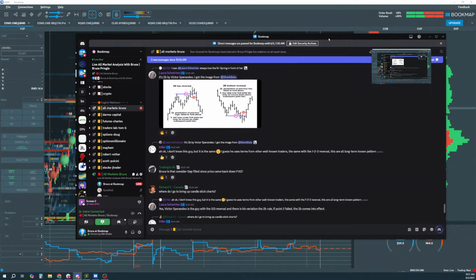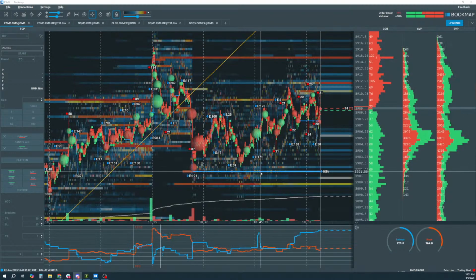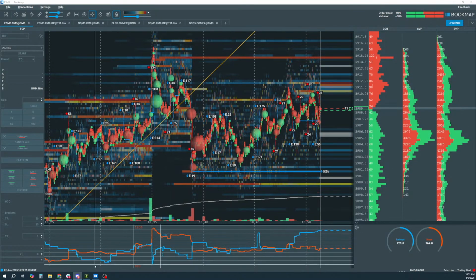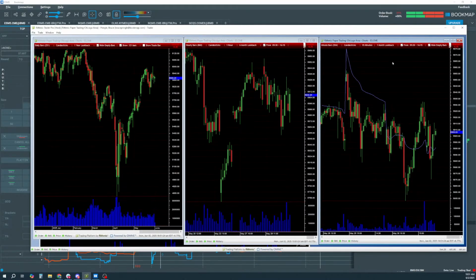Gap fills. Boy, there's all sorts of stuff going on in here today. Well, it looks to me like the gap filled, right? So we already see that the gap has filled. It's just retesting back up here again. But good one though.